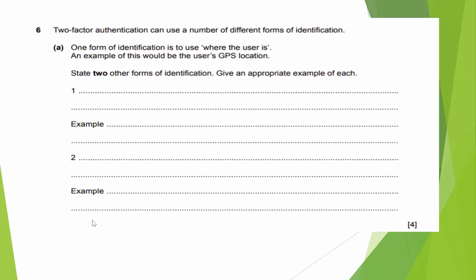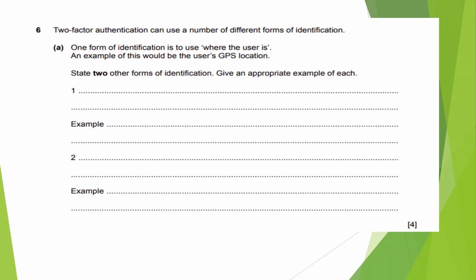Now see this one. Identification. I'm not sure about this one.